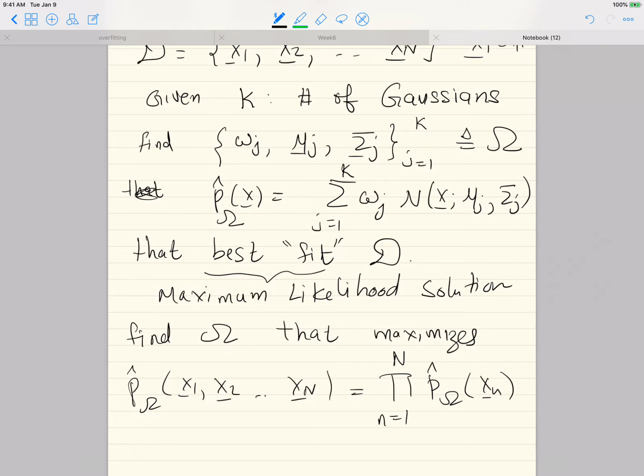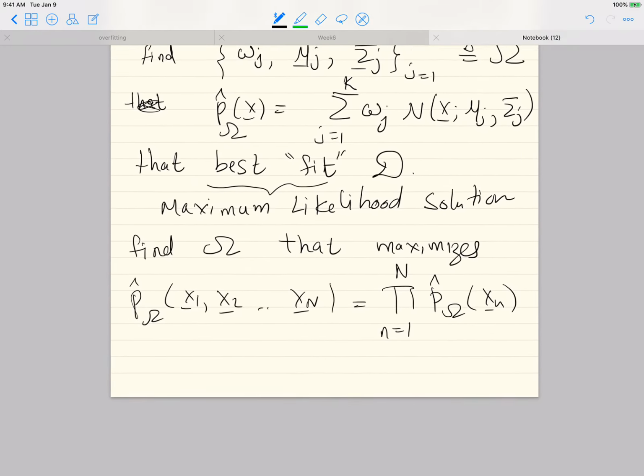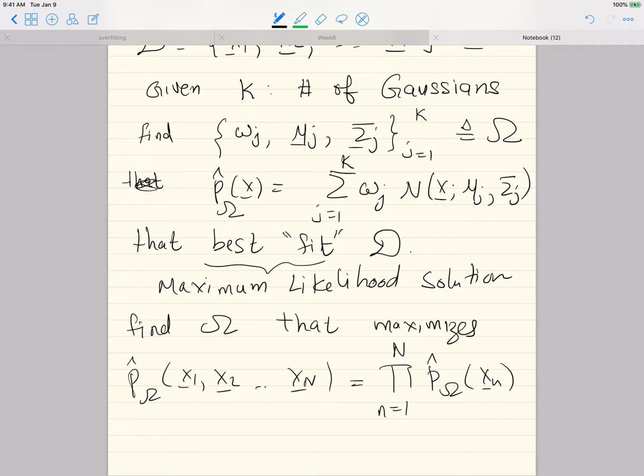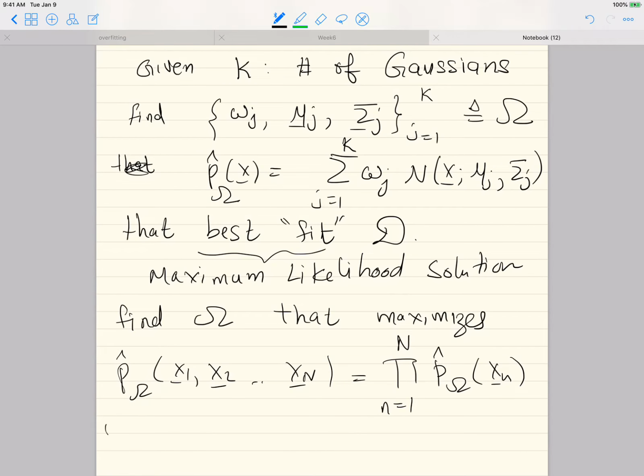We want to maximize the probability assigned to the data set that we have actually seen. And since we assume all the data points are sampled IID, which is a natural assumption here, that means we are going to maximize the product of the probabilities assigned to the endpoints. Or in other words, we want to minimize minus log p hat omega of x1, x2 up to xn.